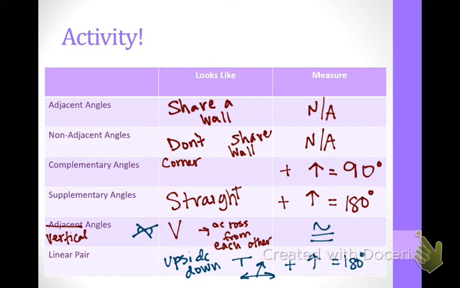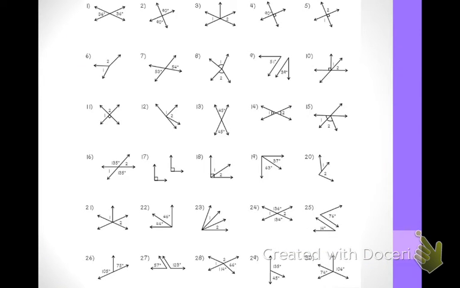The first thing you want to do, if you look at number 1, I'm going to do it with you super quick. You want to decide if it's adjacent or non-adjacent. Adjacent means they share a wall. Non-adjacent means they don't. Number 1, do they share a wall? No. A wall would mean like 36 would be here, and 36 is here. So they don't share a wall, so non-adjacent.